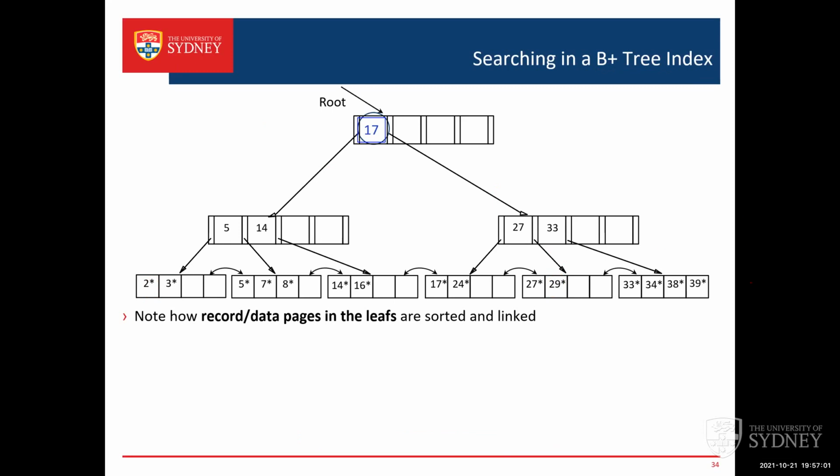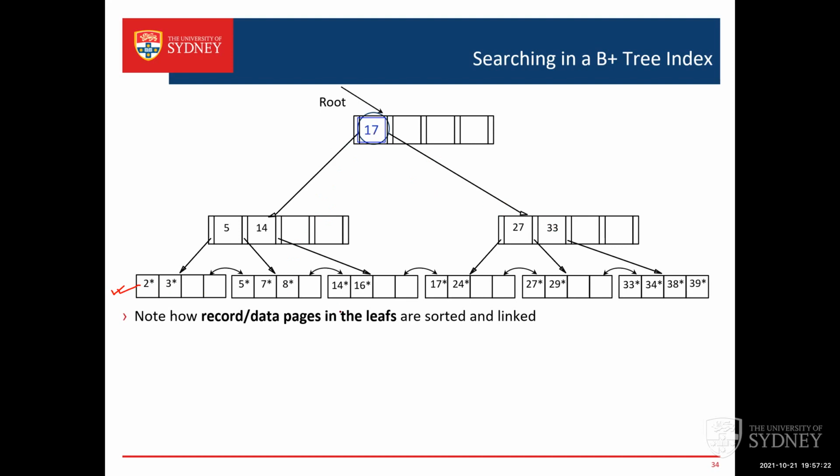Someone is asking, in this page as an example, every time we are comparing the target key to the first key in the index space and rounding down. Yes, that's what we are doing. We always start from the root and figure out how to reach the leaf node, so which side we need to go. Think about it like binary search.